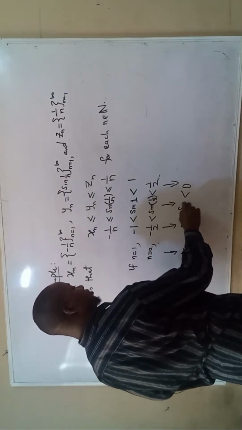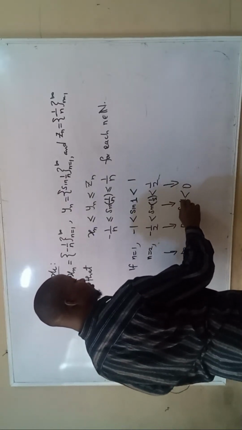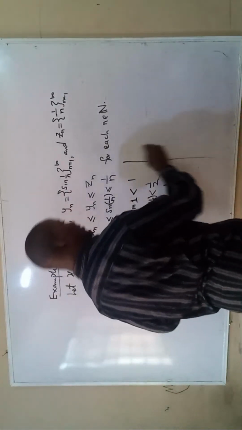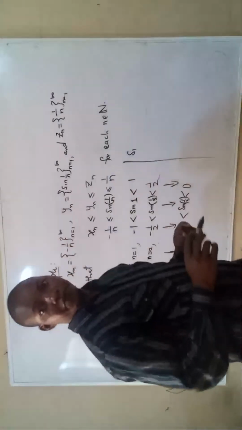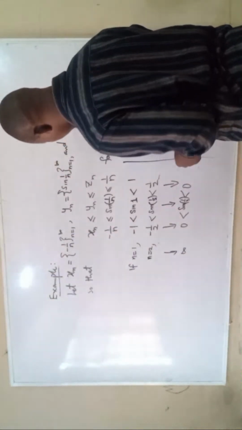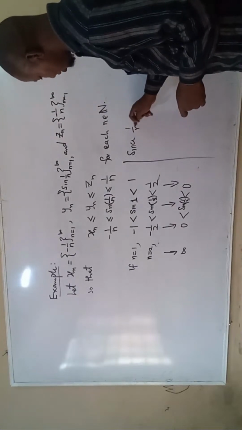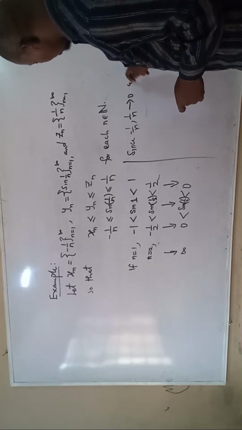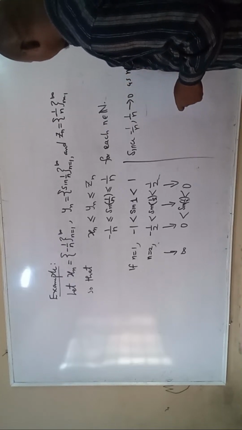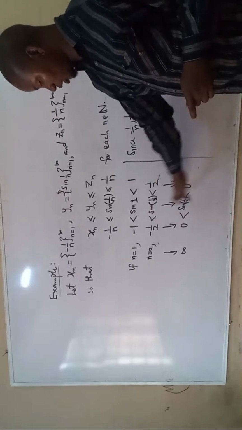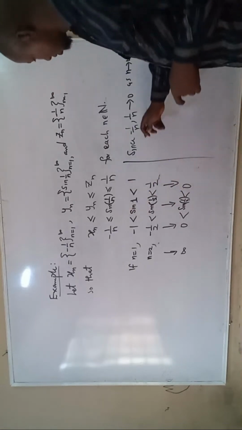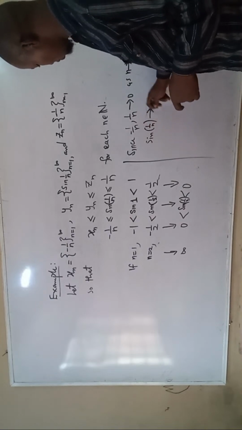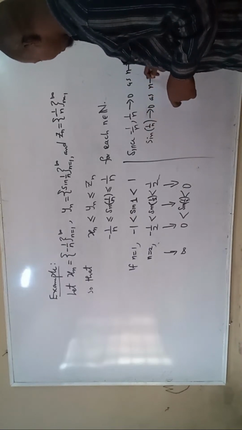Since minus 1 by n and 1 by n go to 0 as n goes to infinity, then without any information about the middle part, we can say that sine n also goes to 0 as n goes to infinity.